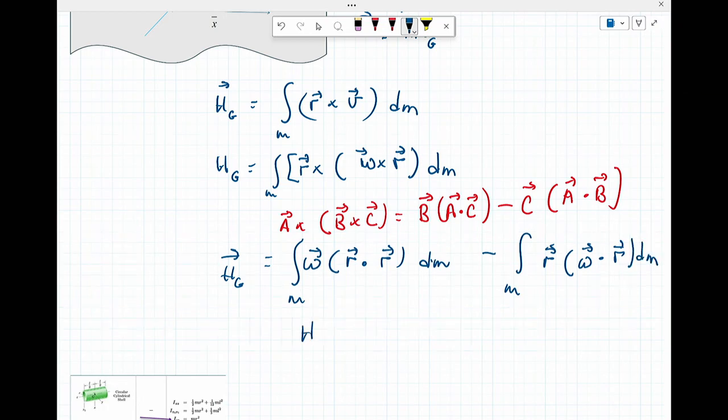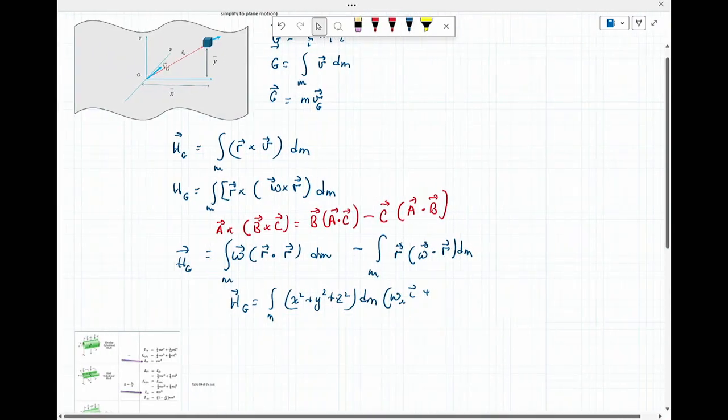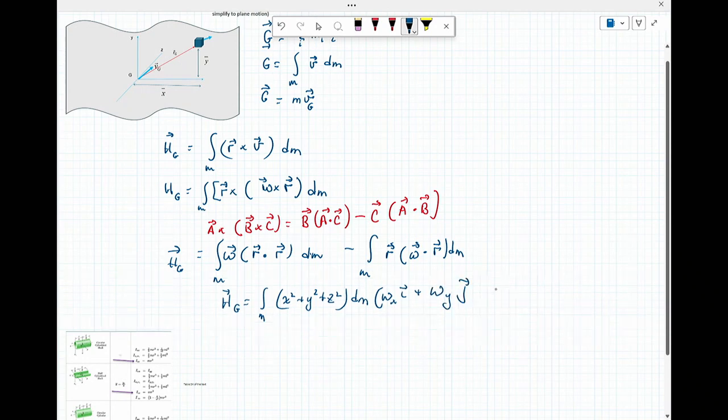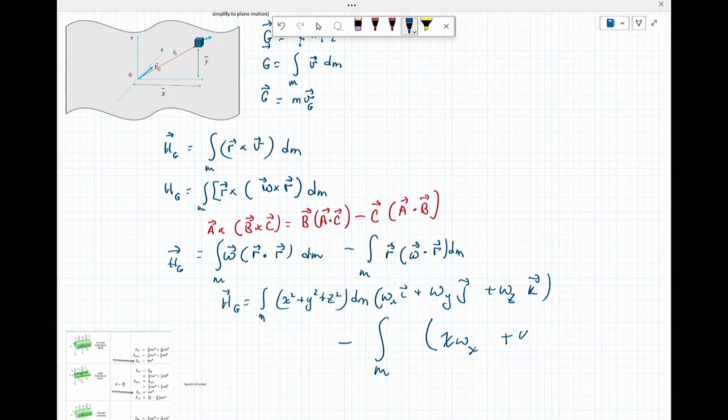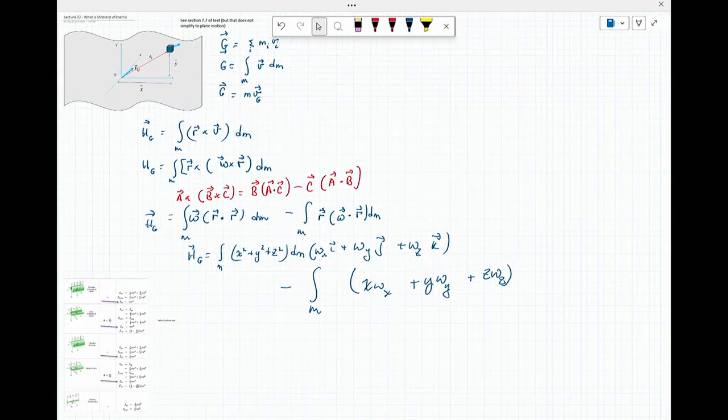And you end up with H sub G equal to, in a Cartesian system, the integral of x squared plus y squared plus z squared dm times omega x i plus omega y j plus omega z k, minus the integral over the mass of x omega x plus y omega y plus z omega z times the quantity dm times x i plus y j plus z k.